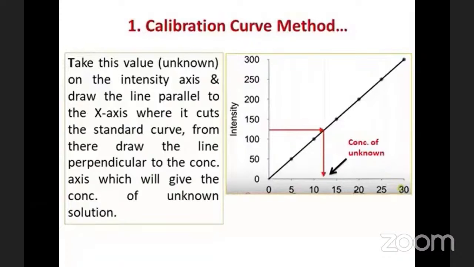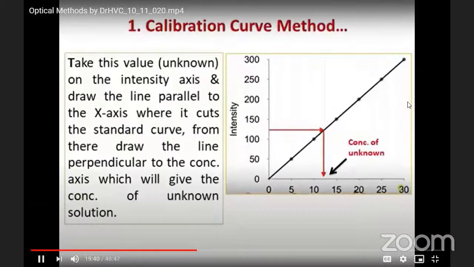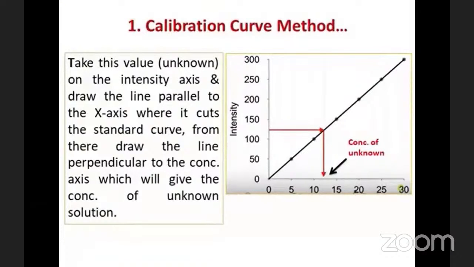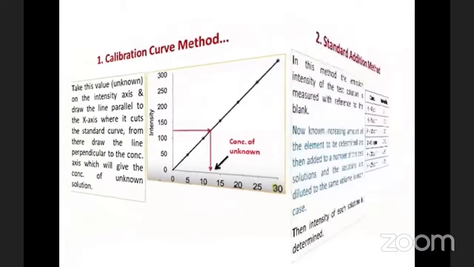From there, draw a line perpendicular to the concentration axis, which will give the concentration of the unknown solution. In this way, the calibration curve method is one of the common methods used for the quantitative estimation of unknown samples.